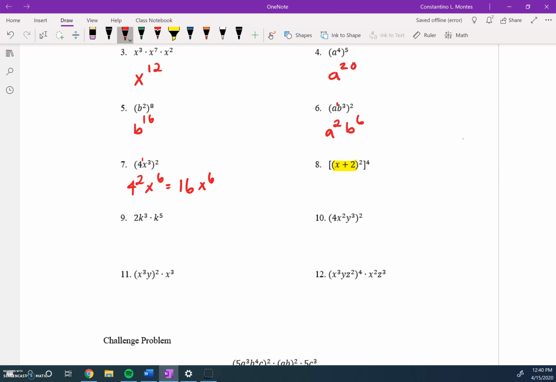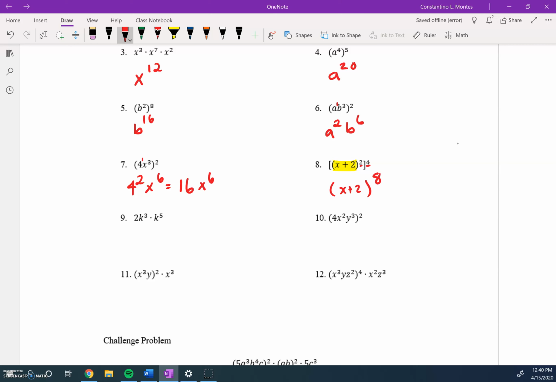So my term is x plus 2. And the power is 2. Now, when we have a power to a power, which is the situation we have here, I just multiply the power times the power. So 2 times 4 would be 8. So I end up with x plus 2, quantity to the 8.